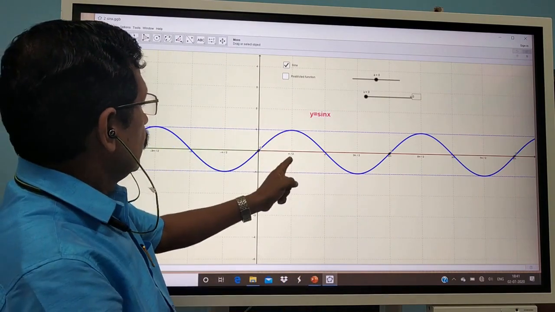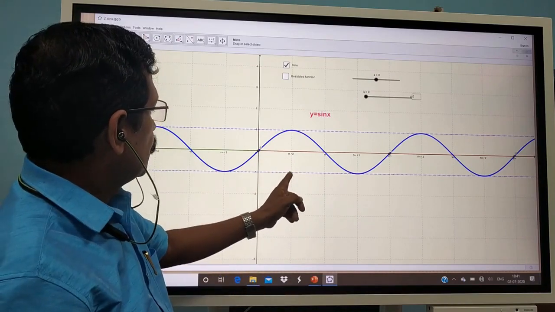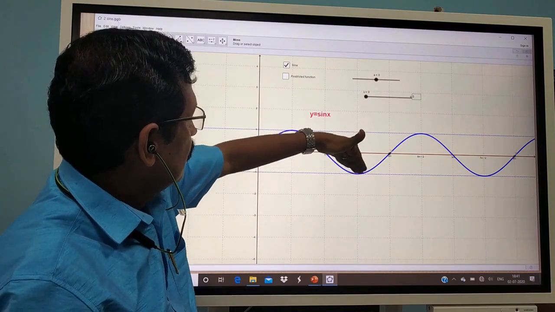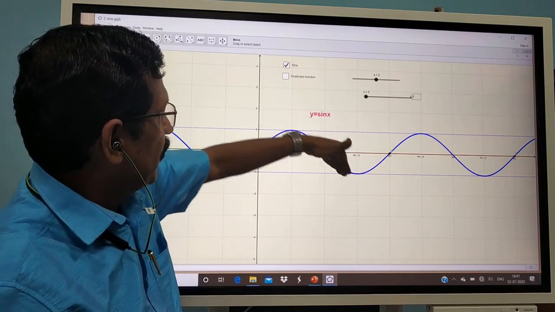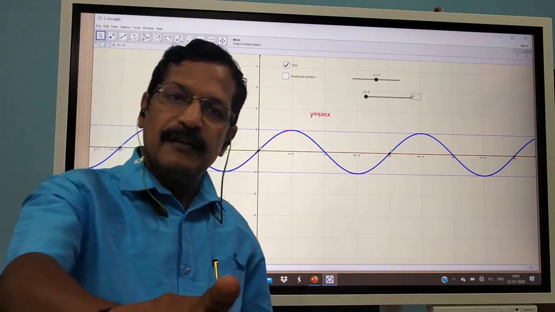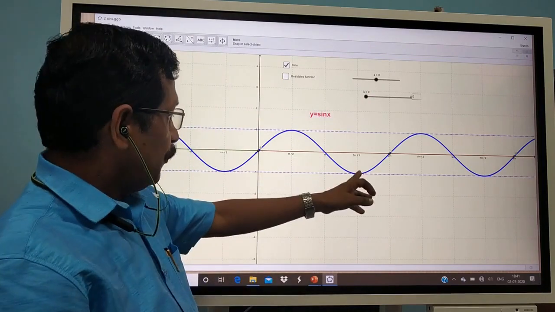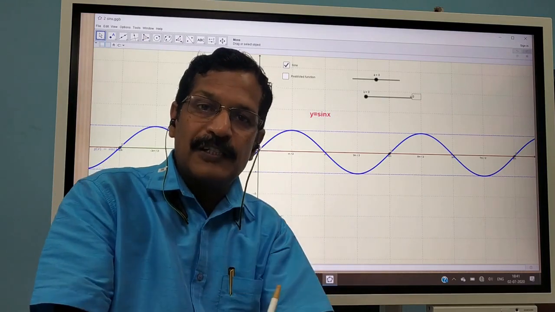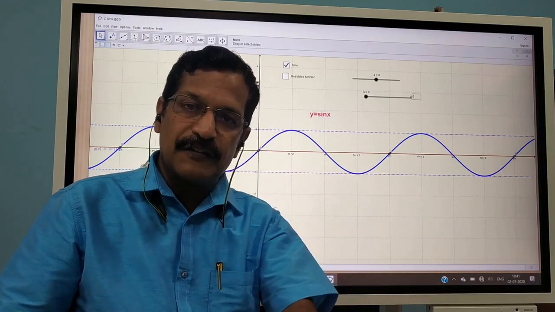Otherwise, if you restrict the domain to pi by 2 to 3 pi by 2, in that case also the function takes values between minus 1 and plus 1, so again it is one-one and onto. If you take 3 pi by 2 to 5 pi by 2, in that branch also the function is a bijection.